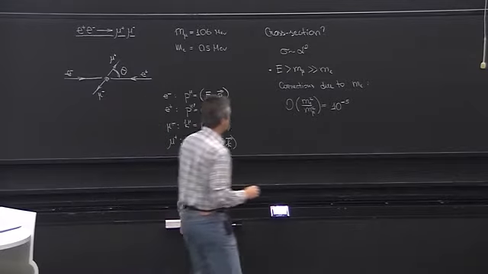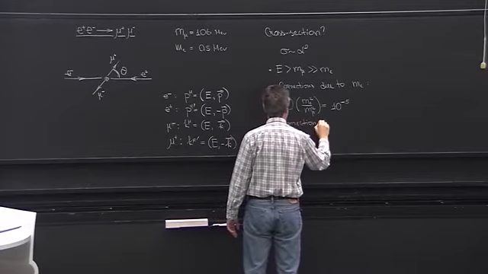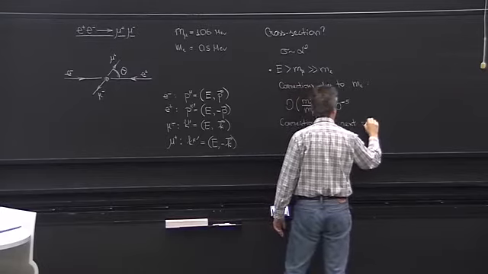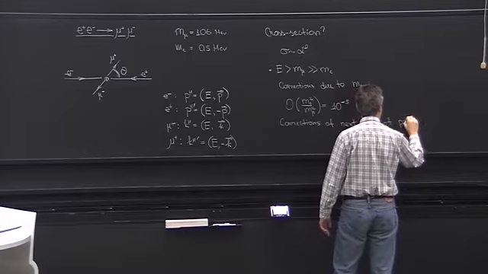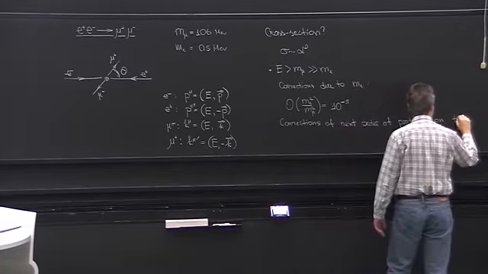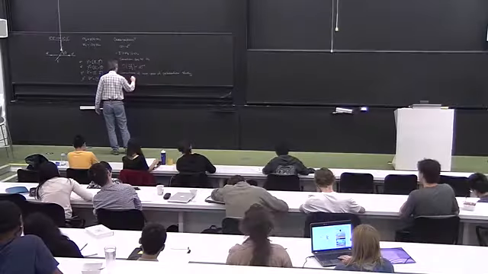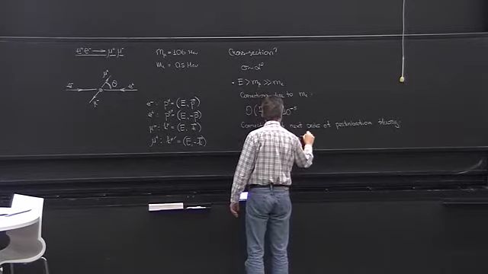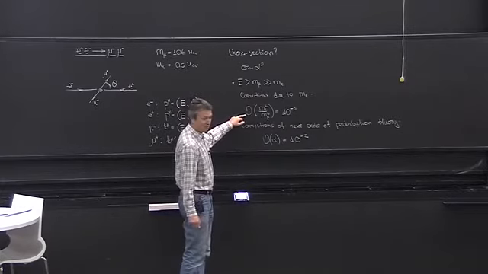In fact, corrections of the next order of perturbation theory would be of order alpha. And so they will be of order 10 to the minus 2. So they will be much bigger than corrections due to electron mass.